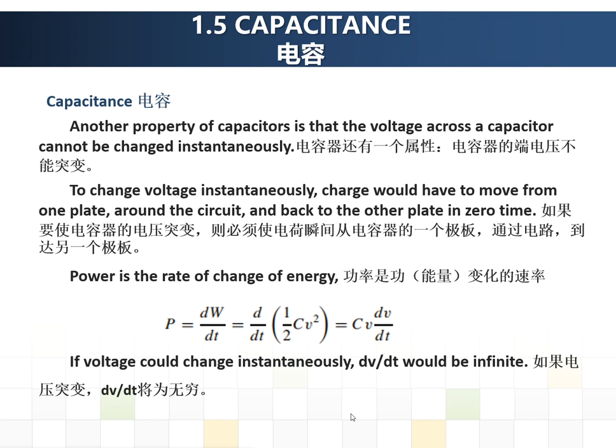If the voltage could change instantaneously, then dV divided by dt would be infinite. This means the power could also be infinite, since power is the rate of change of energy. In reality, we won't get an infinite amount of power. Therefore, the voltage across a capacitor cannot be changed instantaneously.